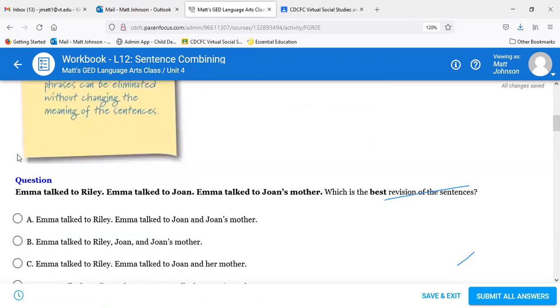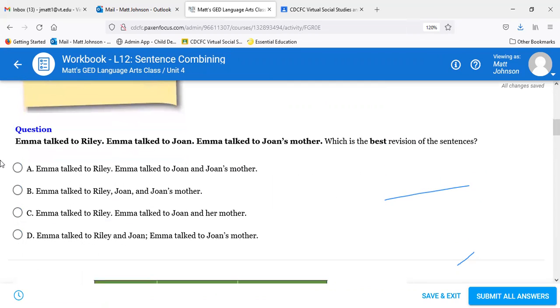All right, so number one, let's go to Tracy. Emma talked to Riley. Emma talked to Joan. Emma talked to Joan's mother. Which is the best revision of the sentences?